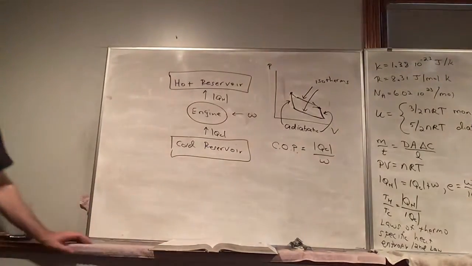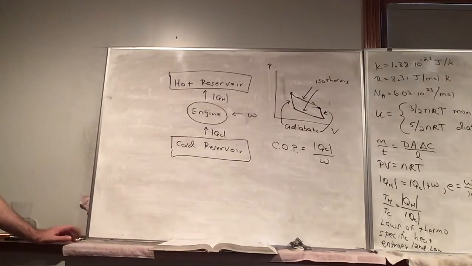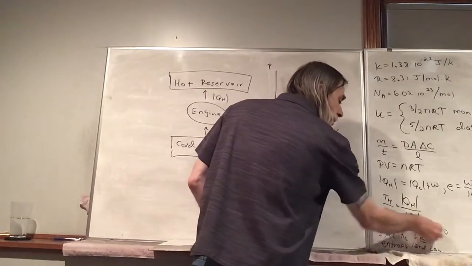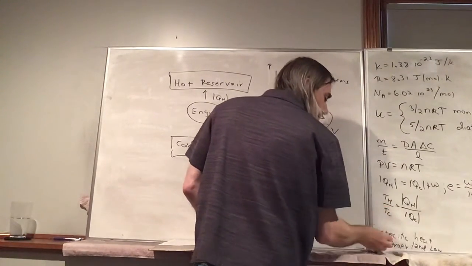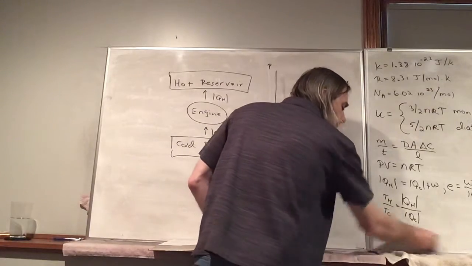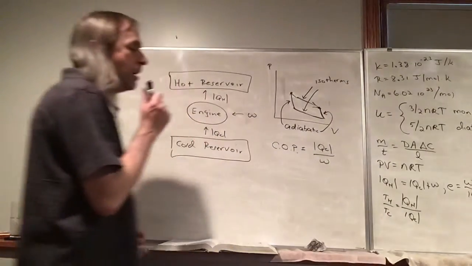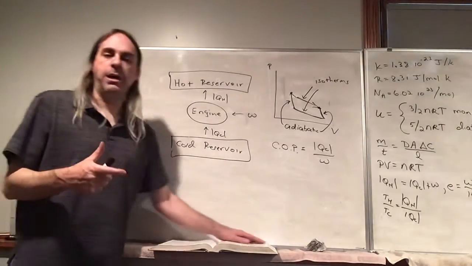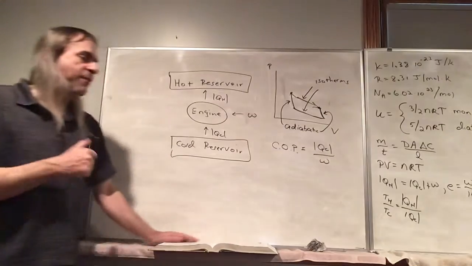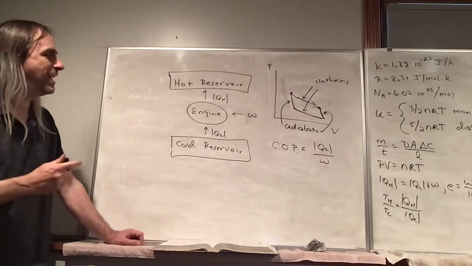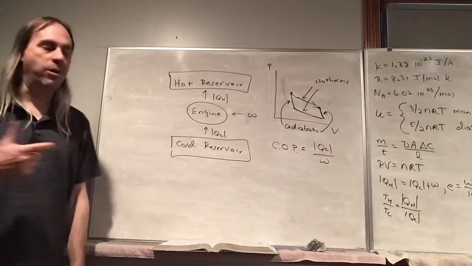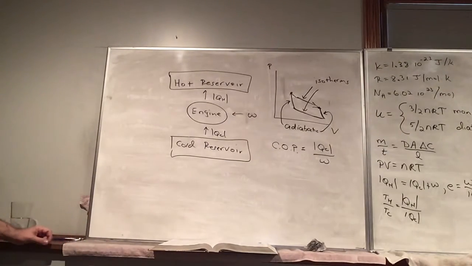But what's really interesting and what ties into the next topic, the laws of thermodynamics, is that we showed in class that the second law of thermodynamics, there are different ways of stating it, says heat flows spontaneously from hot to cold and never in the reverse direction.